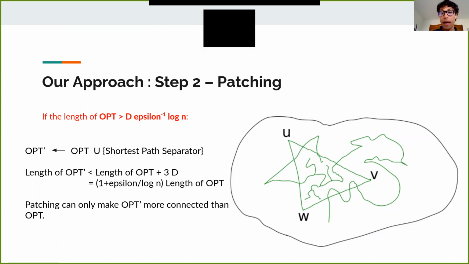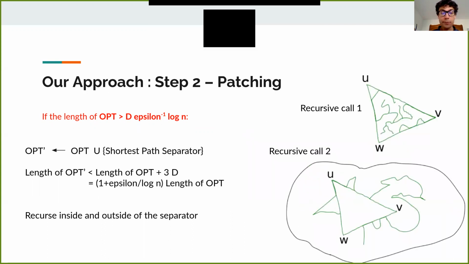So this is what we call the patching. We are modifying opt prime so that it behaves nicely. Of course, it's increasing the length of opt prime, but not too much. And why does opt prime behave nicely now? Because we can take this separator and work inside and outside of the separator independently, because no matter what's happening in terms of connectivity inside, I'm adding the 3 shortest paths anyway.